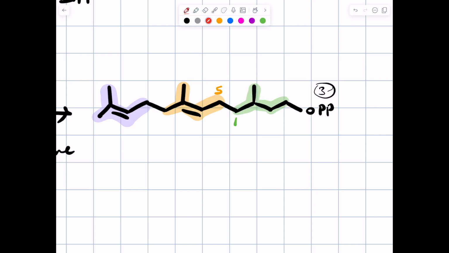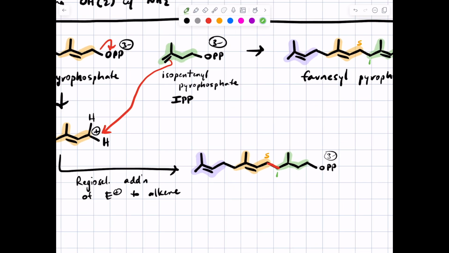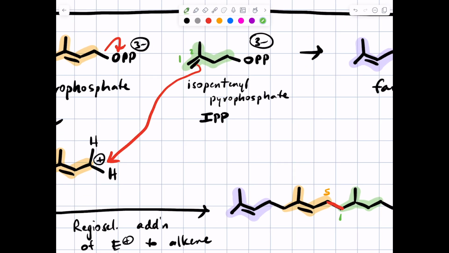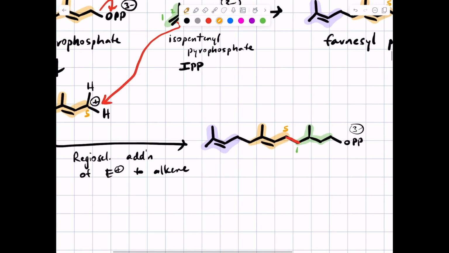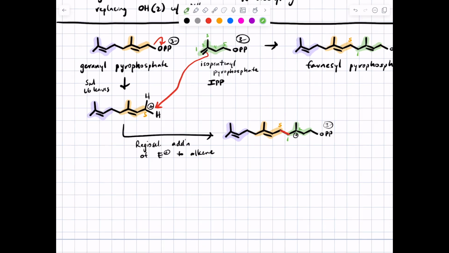Here in red is the new bond we just made. We selectively make the bond between orange 5 and green 1 so that the positive charge can be on green 2 where it is more stable.